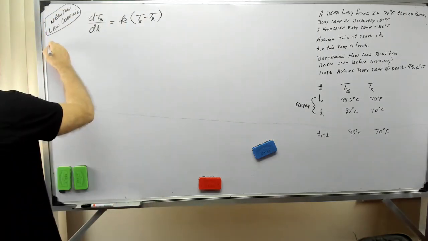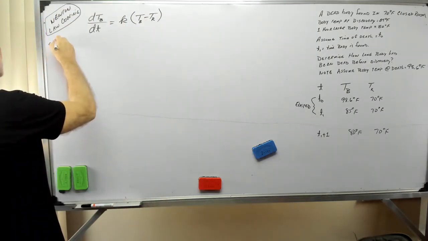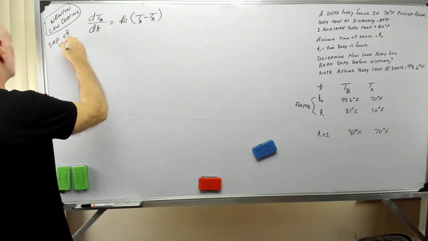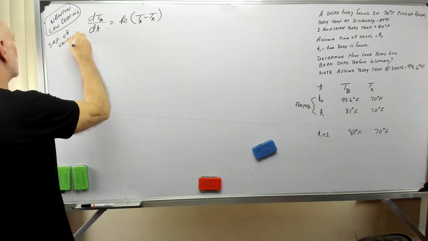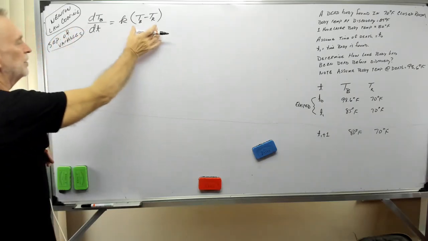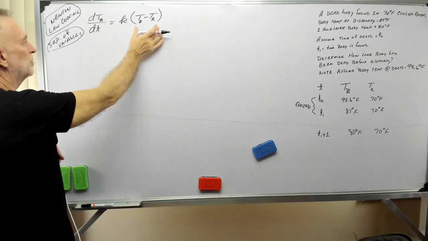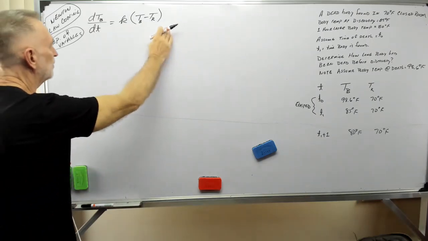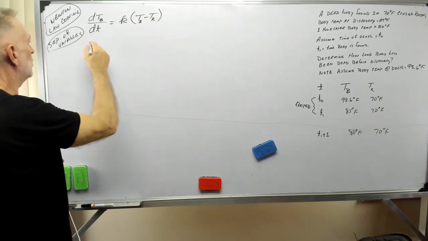Now the next thing we're going to do is separation of variables. We're going to divide both sides by T sub B minus T sub R. So if I divide it here, it becomes 1.